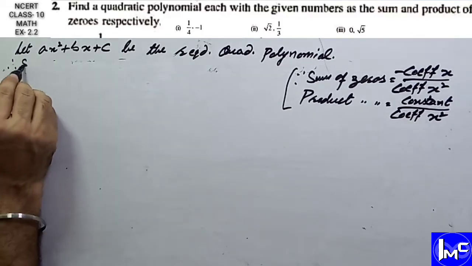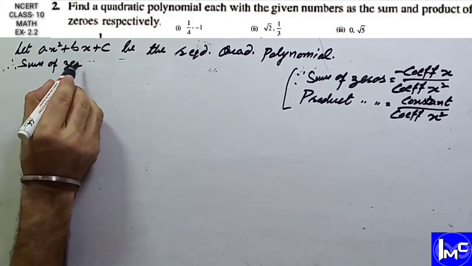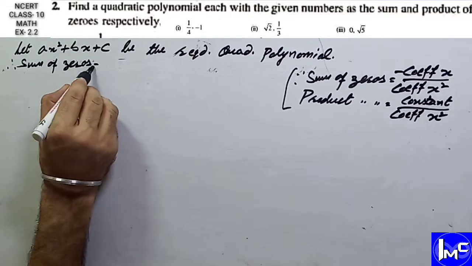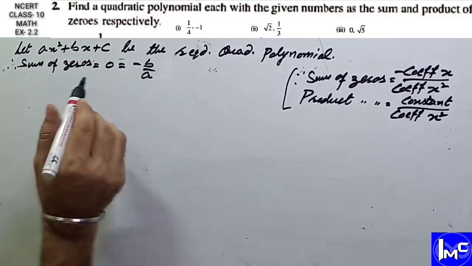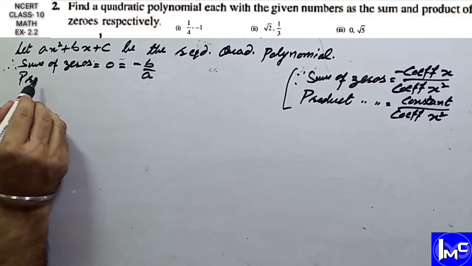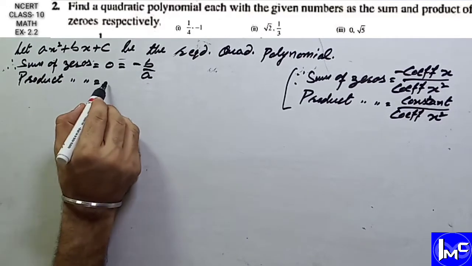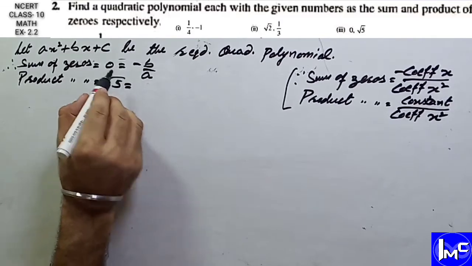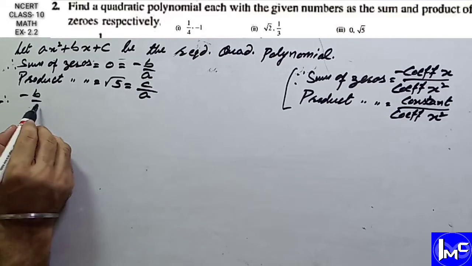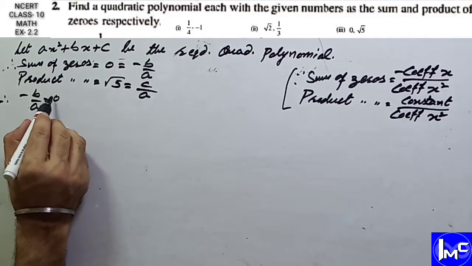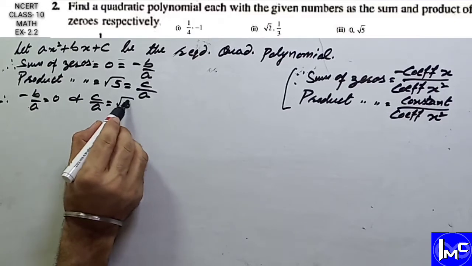Therefore, sum of zeros is equal to 0, that is minus b over a, and product of zeros is equal to under root 5, that is c over a. Therefore, minus b over a is equal to 0 and c over a is equal to under root 5.